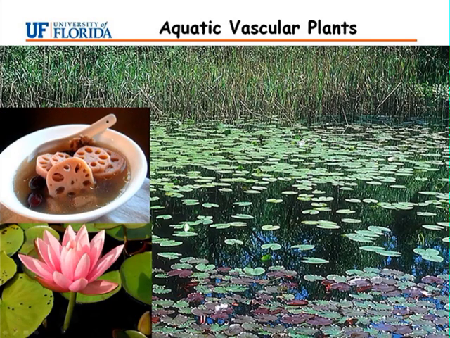Examples of these include lotus. They can be really beautiful. They're an important part of the water gardening industry. They're also a vital and common community member in a lot of non-flowing water types. And the roots of lotus are very commonly used as food in many parts of Asia. And they're served here as well, the root shown in cross-section in a soup.